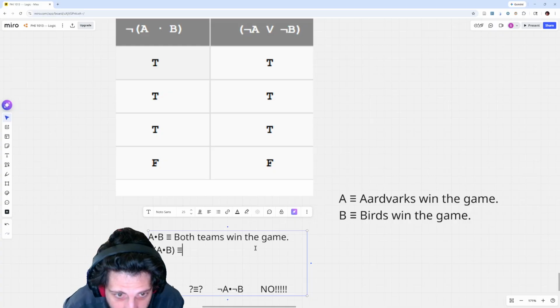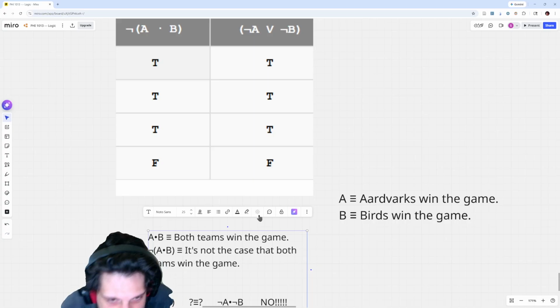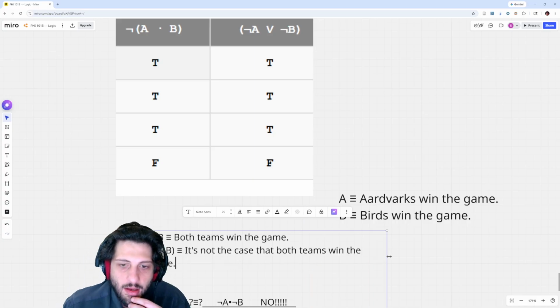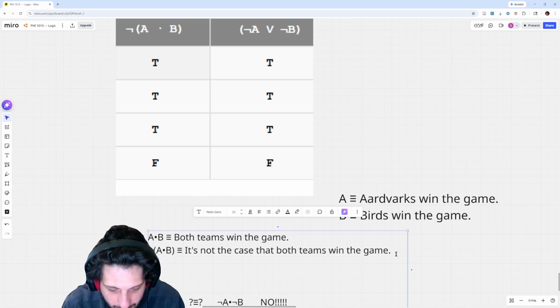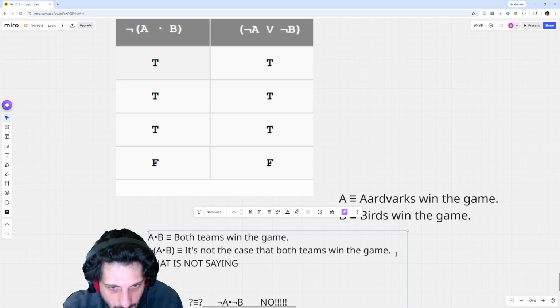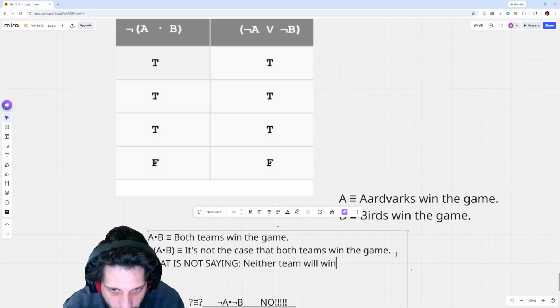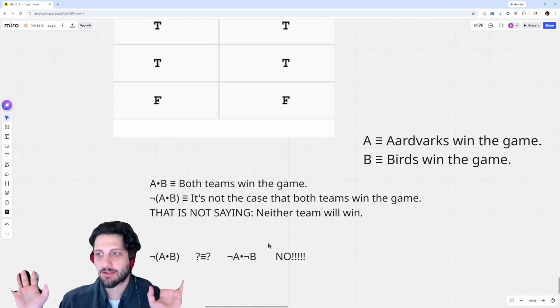It just means that it's not the case that both teams win the game. Now, that is not saying, and I can't emphasize this enough, this is just a classic mistake for people to make.